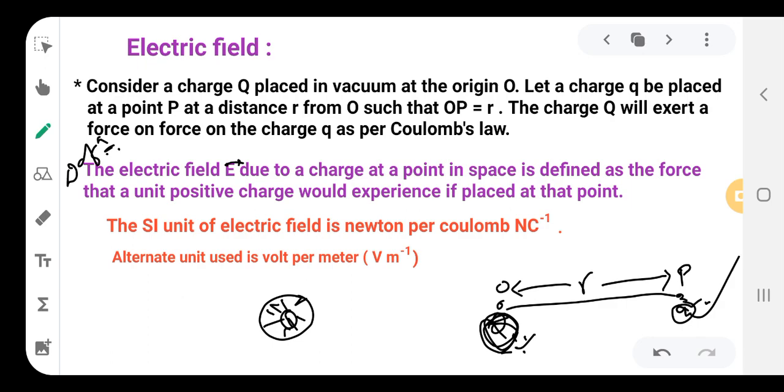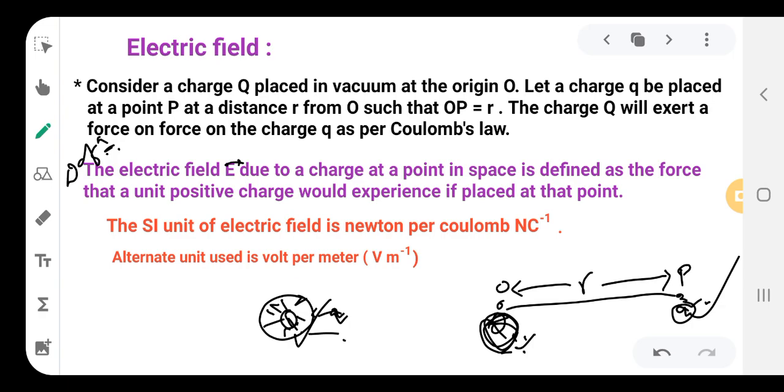The space surrounding the charge has a field which has its effect on another charge which comes in the vicinity of this source charge. That is known as the electric field. This point charge will experience a force of attraction or repulsion due to this source charge.